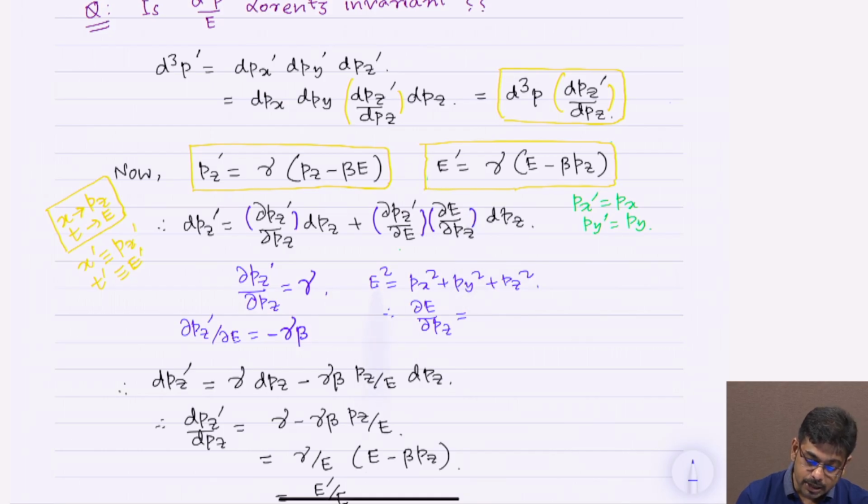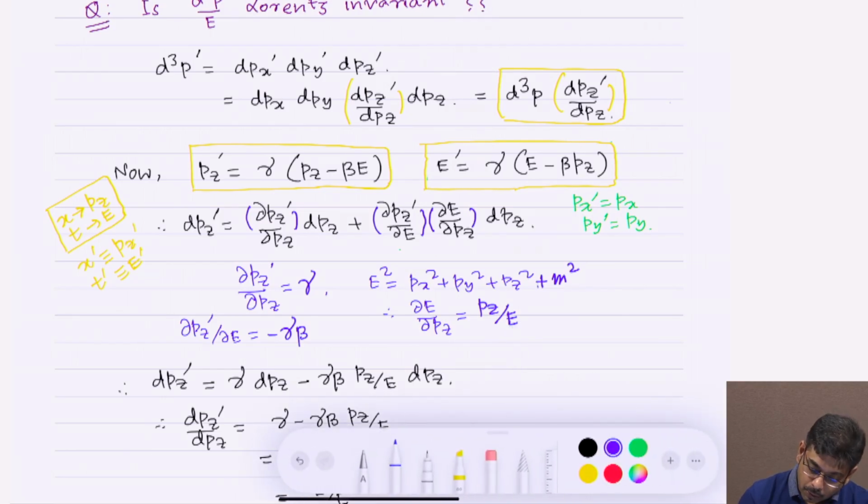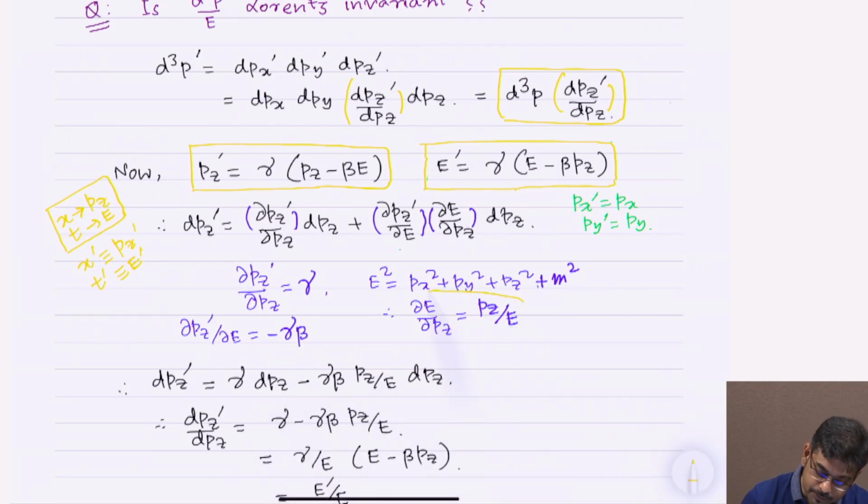Now, following this relation that E square equal to px square plus py square plus pz square, I can also write, you know, E square equal to p square plus m square, I must write the m square also, and so therefore, the del E del pz will be what? This will be simply pz by E.